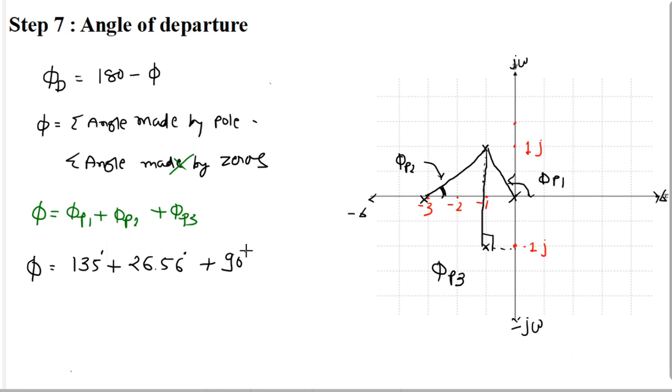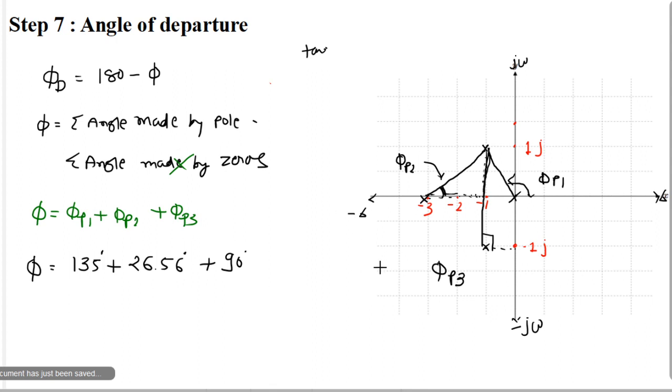Okay, you can also measure by trigonometric function and get the perfect answer. By a right angle triangle you can get phi p2: that is 1 and that is 2, then tan phi p2 like this.